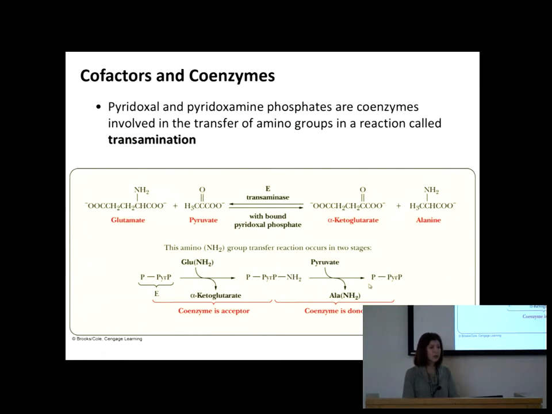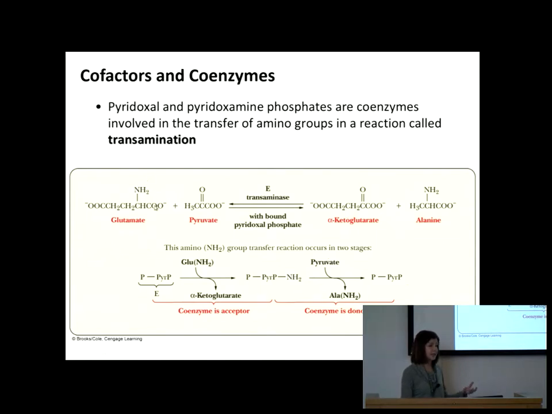So that's just another way to look at the reactions. And we're going to be looking at our pathways. We're going to see it quite a bit. Again, I'm not going to ask you to remember anything about this slide other than there are coenzymes that can hold groups. They're like a middleman in transferring a group. Here in the overall reaction, we're transferring an amine group from glutamate to pyruvate, making alpha-ketoglutarate and alanine.